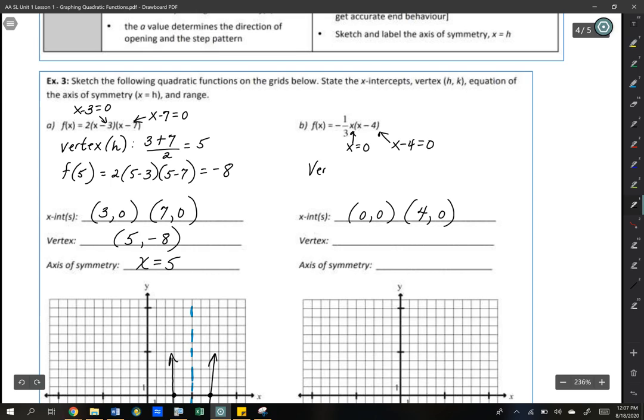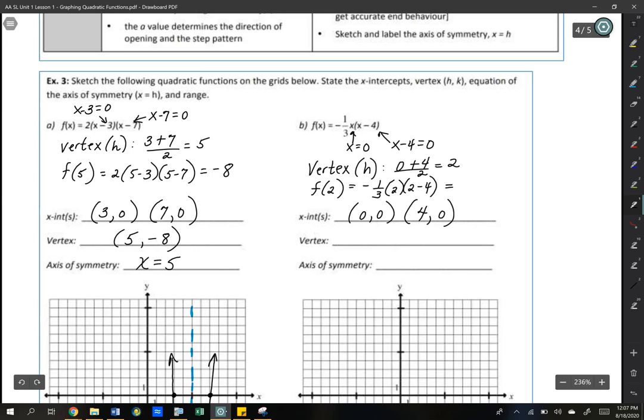Our vertex, the h part of the vertex, is going to be found by averaging the intercept values for x. And then we'll take that value of 2 and we'll input it into our function to get the k value of our vertex.